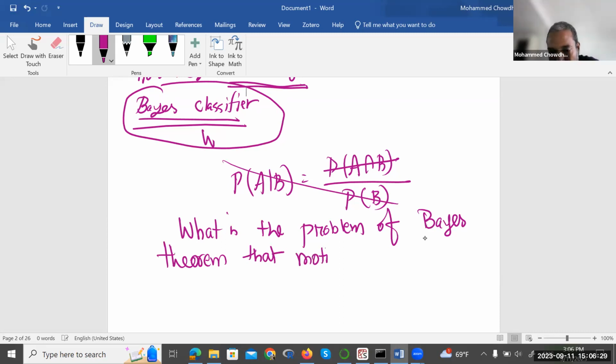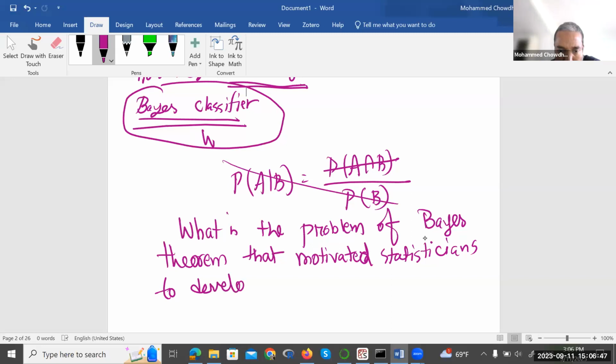That motivated statisticians to develop naive Bayes.